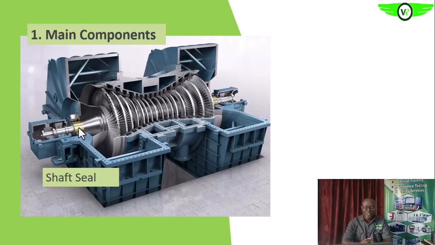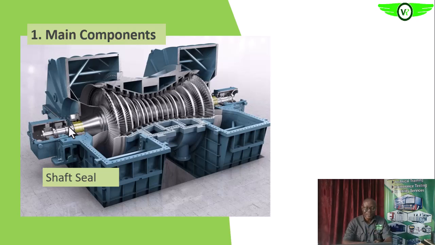Okay. Then in a condensing turbine, in the area where the steam is exhausted, usually lower pressure is created around that area, as we'll see later. If pressure lower than atmospheric pressure is created here, there is a tendency for air to enter the system through that shaft opening or clearance between the rotor shaft and the casing.